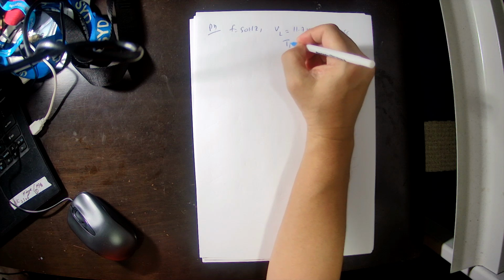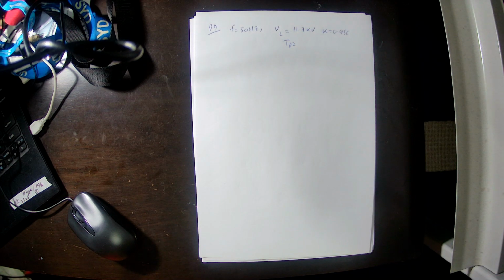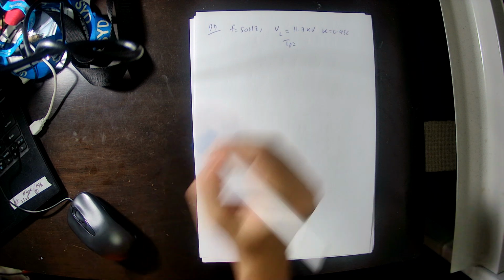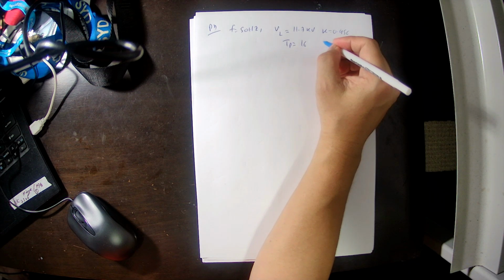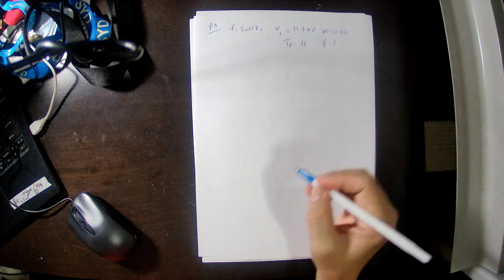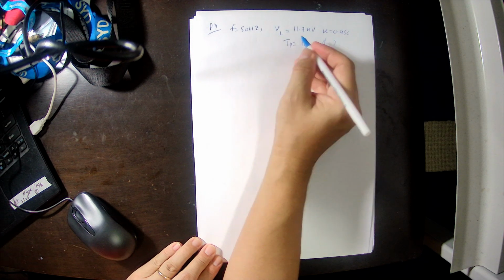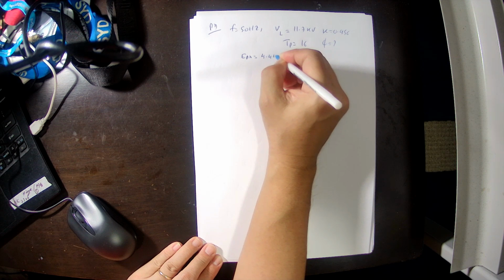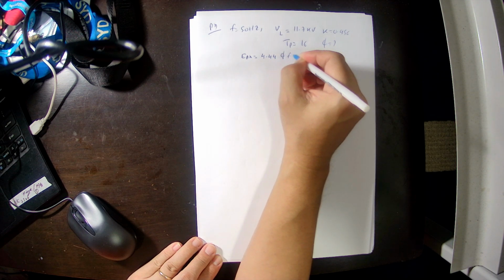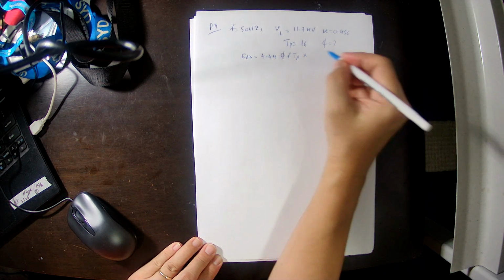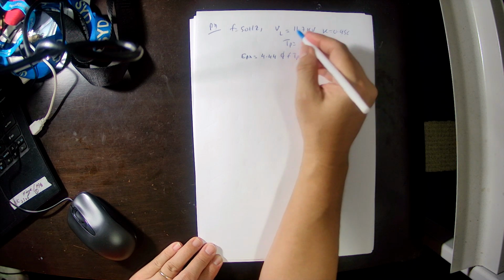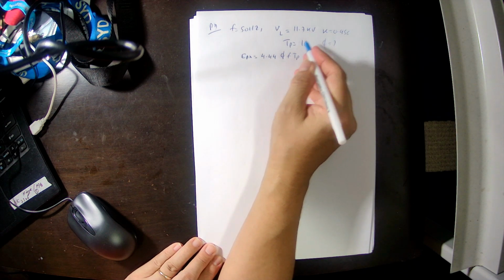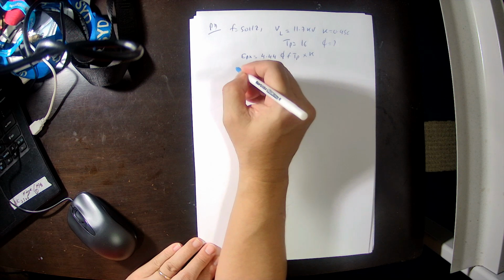And turns per phase equal to 16. We have to calculate flux. So we write down the equation: E phase equals 4.44 phi F T P into K. In this case, E phase is 11.7 kilovolts divided by root 3 because of the star connection.